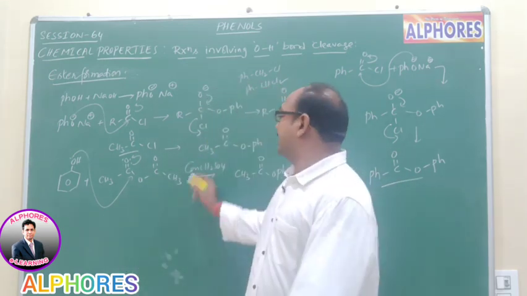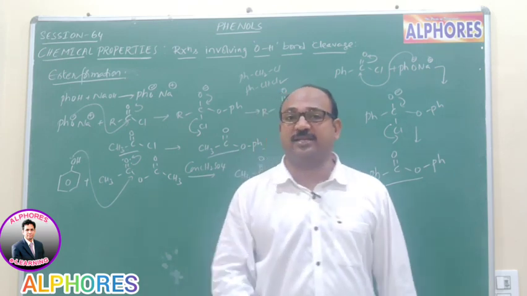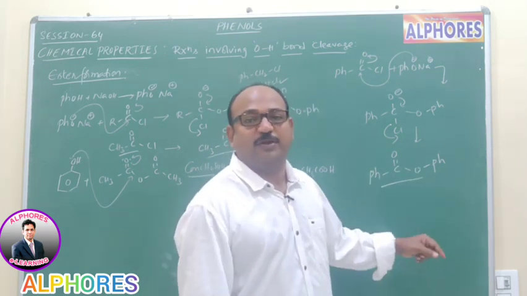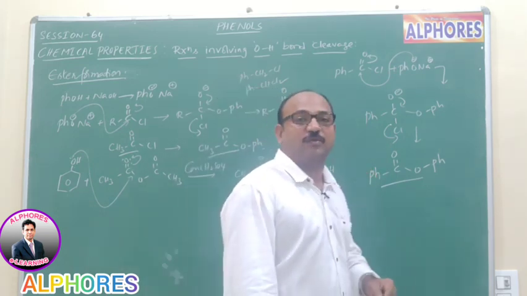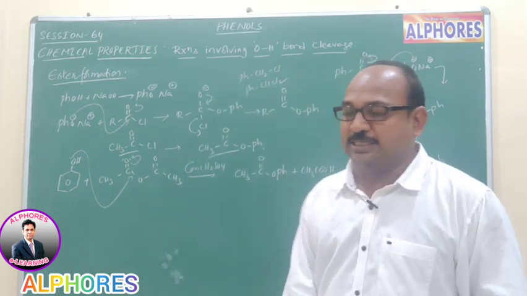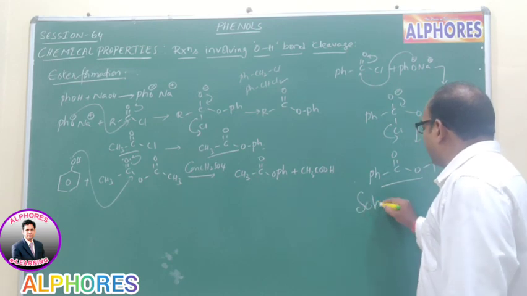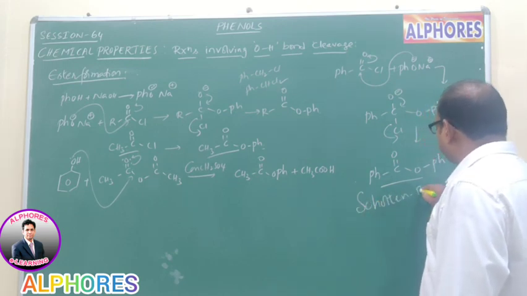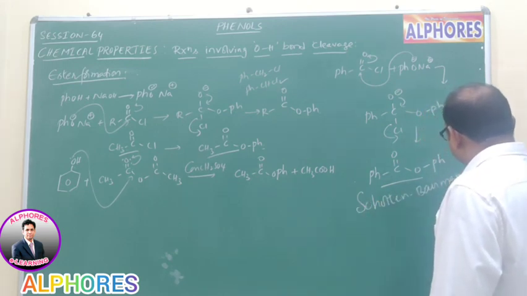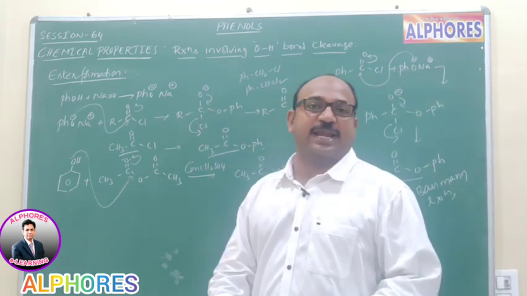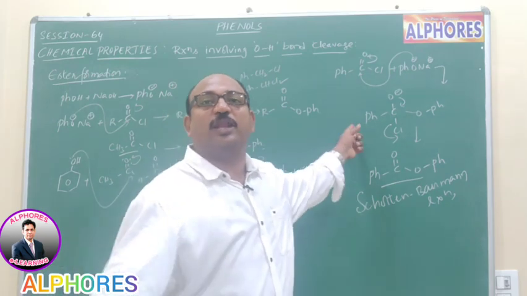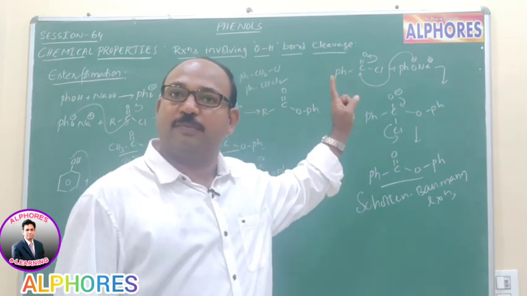Here, acetic acid derivative, that's why phenyl acetate, and here benzoic acid derivative, that's why it is called phenyl benzoate. And this reaction we call the Schotten-Baumann reaction. So acetyl chloride gives phenyl acetate, and benzoyl chloride gives phenyl benzoate.